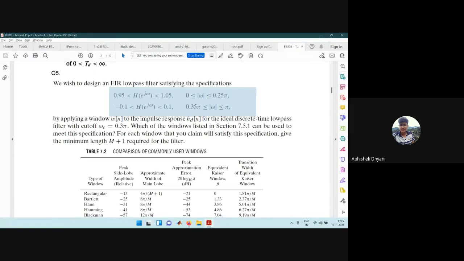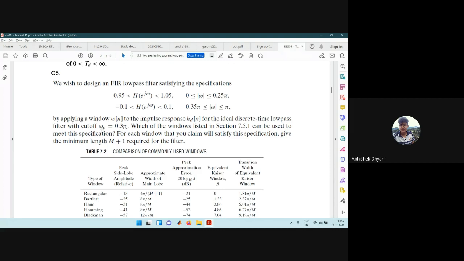We have been given some specifications in the discrete time case, and it is said that we are achieving these specifications by applying this window w[n] to the impulse response hd[n] for the ideal discrete time low pass filter with a cutoff omega c equal to 0.3 pi.